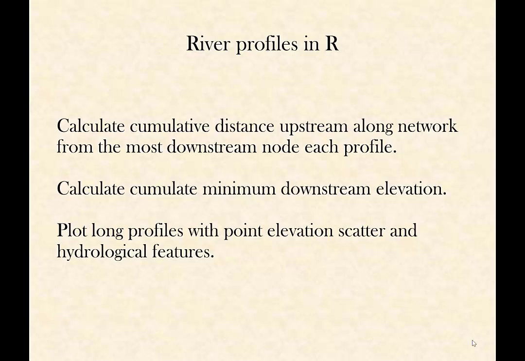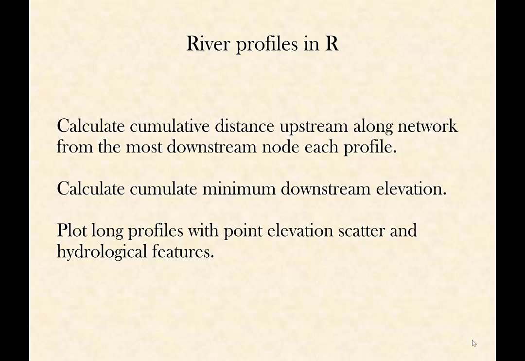But we want elevation of the stream. That's giving us distance along the river, but we also want the elevation at each of those points. But remember, because of the mismatch between the streams, we've got a scatter of elevations like that.